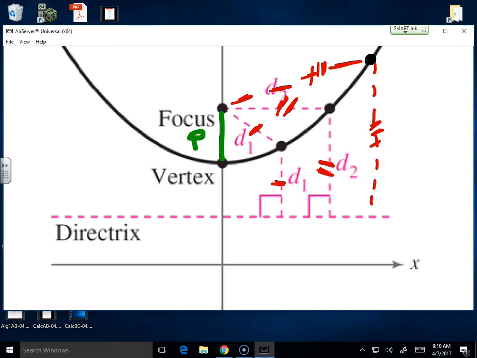And if you think about it, the distance from the focus to this random point on a parabola has to be congruent with the distance to the directrix, true? Sure. So what is this also going to be? Yep, they're both going to be P. So whether they give you a hint of a focus or a clue about the directrix, both of the distances will give you the P that you need to plug into your standard form equation.